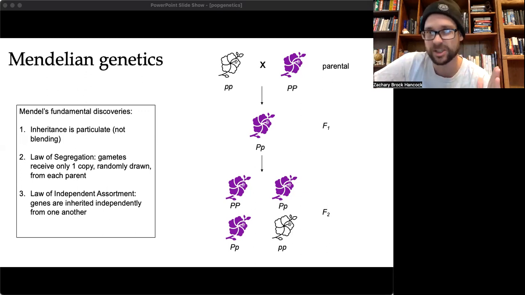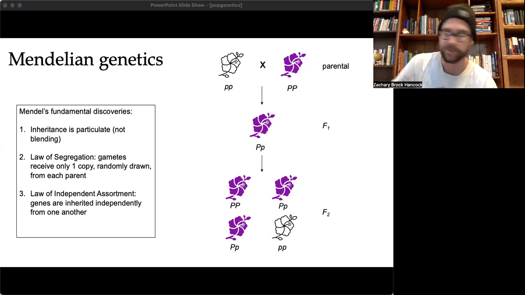And some of the biggest debates at this time were between people like Udny Yule. These are some names you might know: Yule, Pearson, Punnett. These are guys that are fundamental in the foundation of a lot of statistical measures, right? Like Pearson's correlation coefficient. Yule introduced the normal distribution. Punnett is famous for the Punnett square, right?